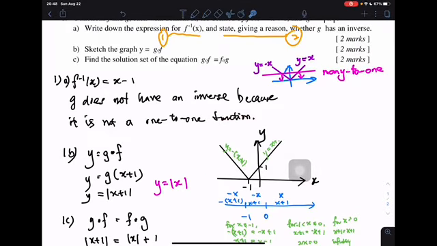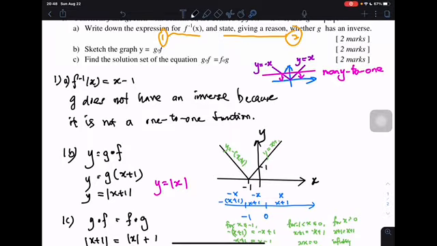When we sketch, some students just label -1, but the y-intercept here will be very, very important. You need 2 points to know the gradient of the function, that this is not y equals x.